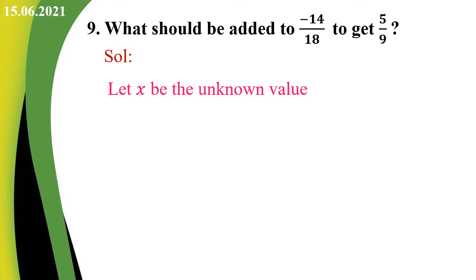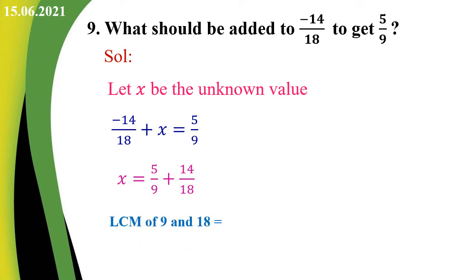Let x be the unknown value. Now substitute the value. Minus 14 by 18 plus x is equal to 5 by 9. Therefore x equal to 5 by 9 plus 14 by 18. Minus 14 by 18 transposed to the RHS becomes plus 14 by 18.